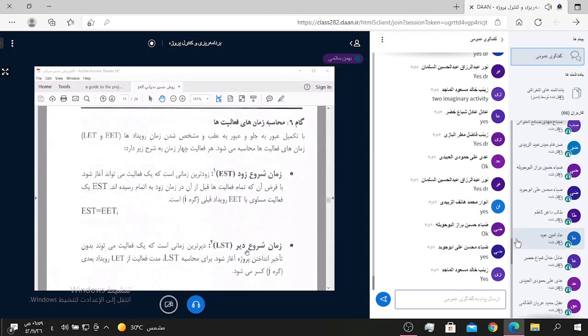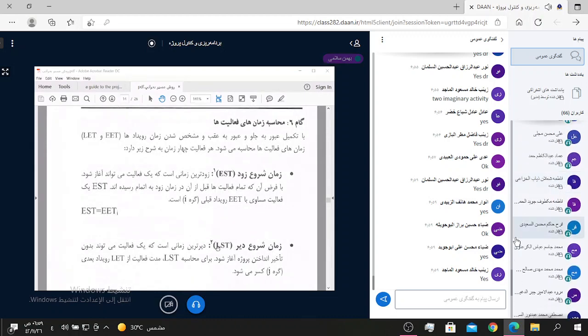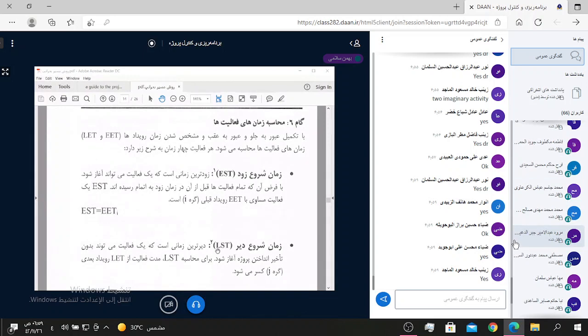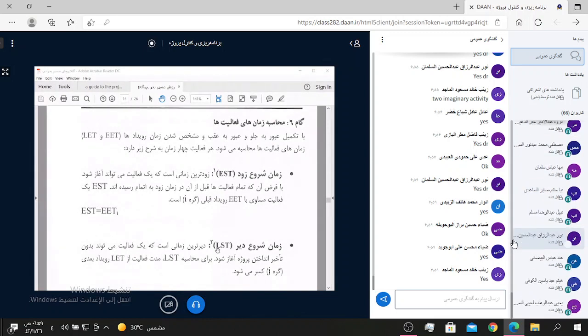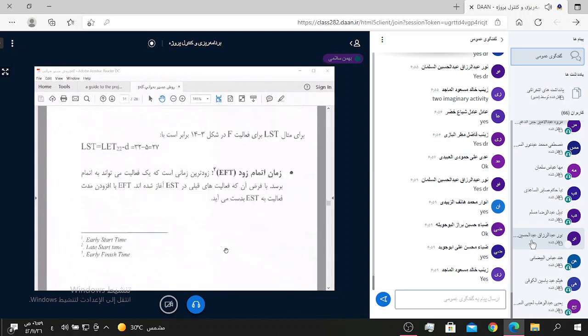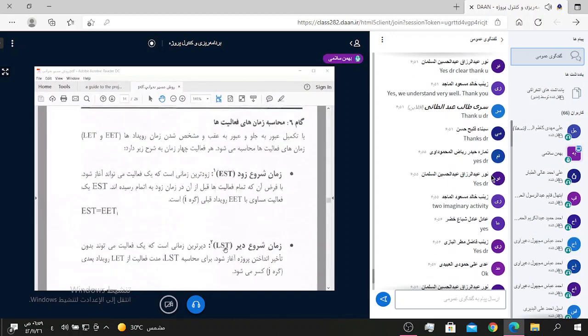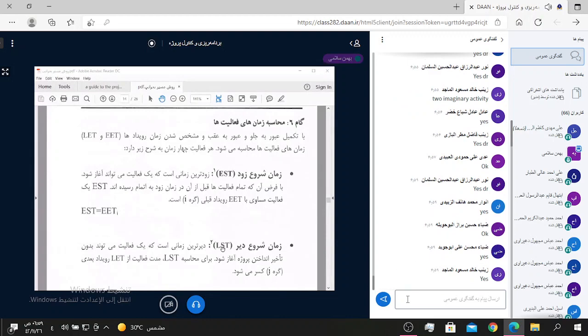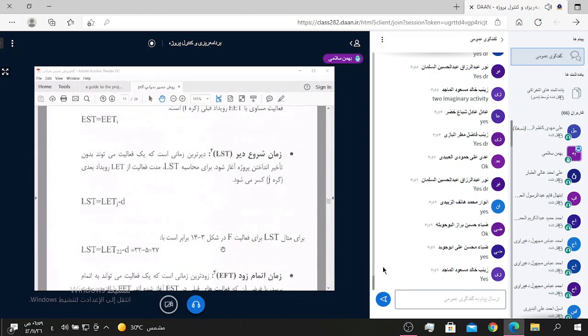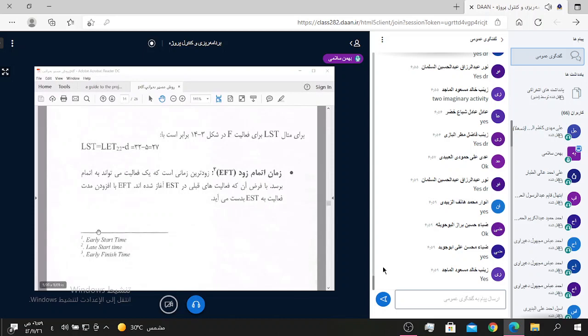Factor 2. Late start, LS, late start. You can see this one in English. Factor 1, early start. Factor 2, late start.